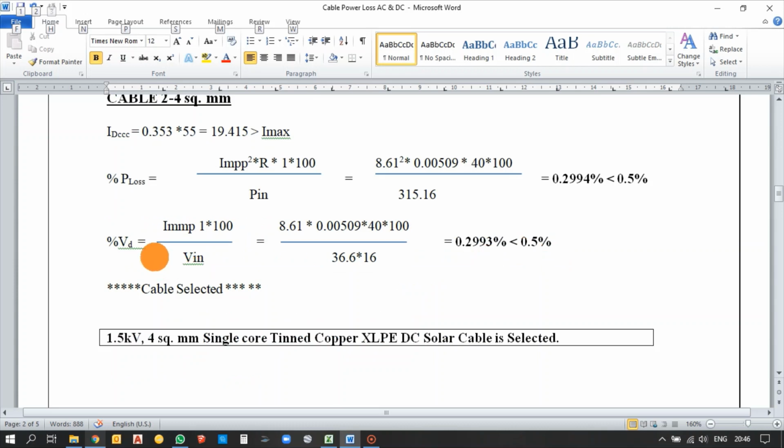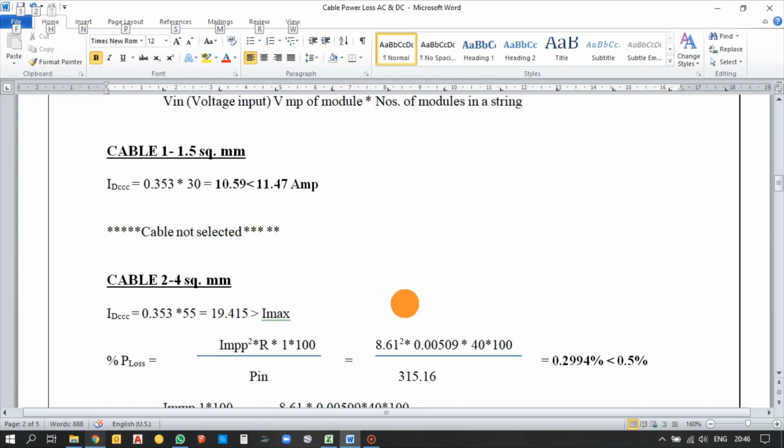And going for voltage drop, equating with IMP into R into L into 100 divided by the voltage, we will be getting the percentage of voltage drop less than 0.5%. So this 1.5 kV 4 square mm single core tinned copper XLPE DC cable is selected for the string. So this is the way to select a DC cable.